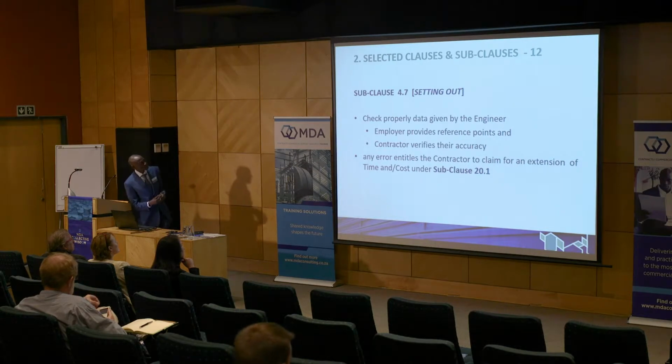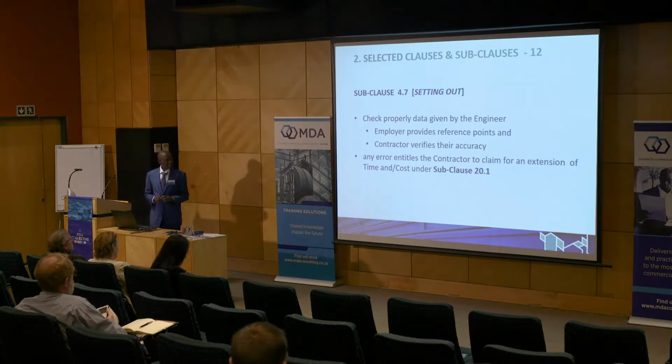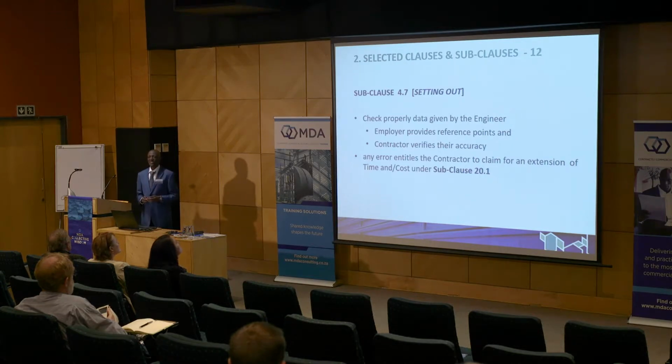Another subclause which I've selected, which always causes problems and which the contractor must know how to deal with, is clause number 4.7. Under this subclause, the contractor is supposed to set up the work according to information which has been given.